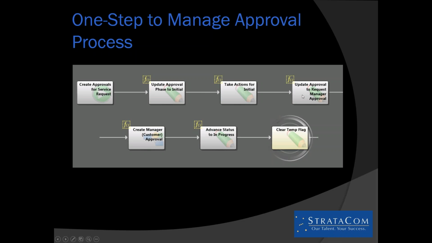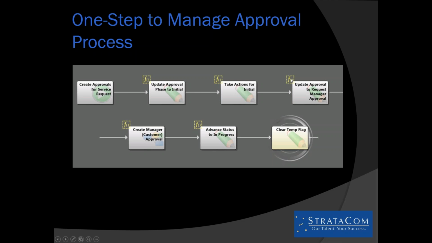Then we move forward, and here you can see this update approval to request manager approval. This is updating that approval phase again to now ask for the manager approval. And it's only going to run when whatever conditions are going to end this initial phase.